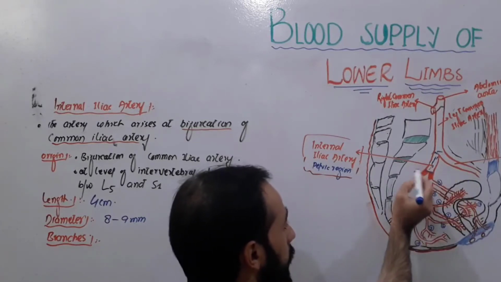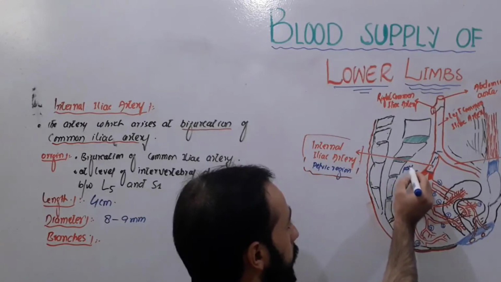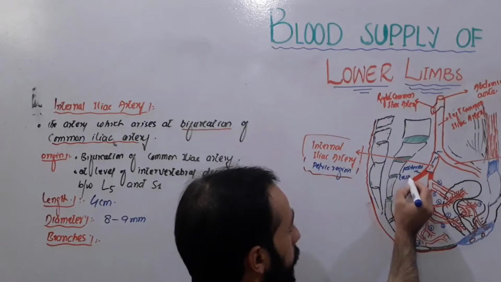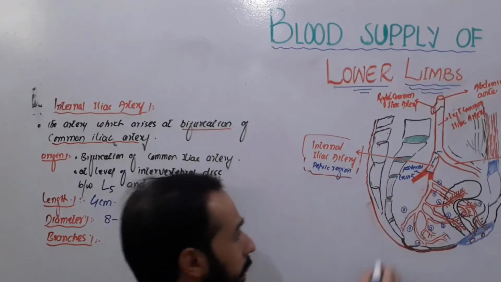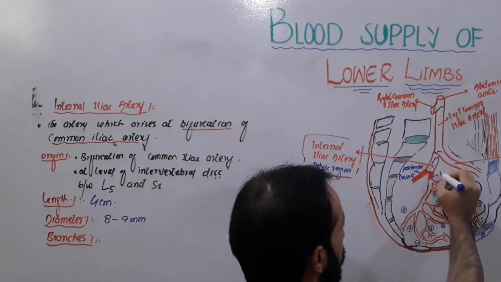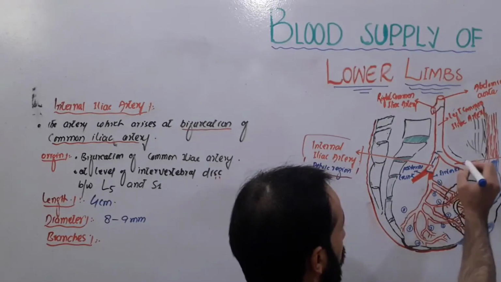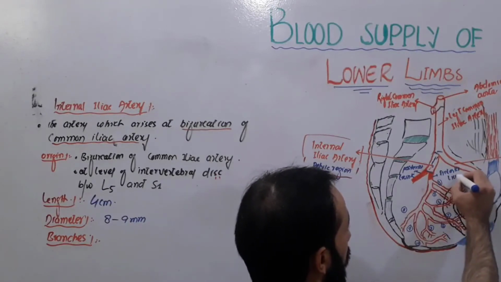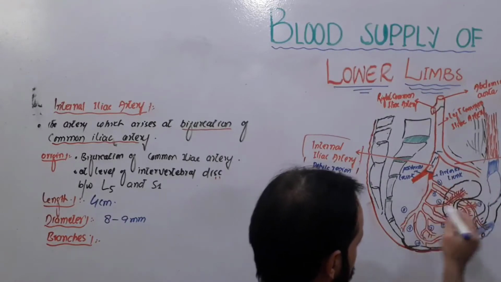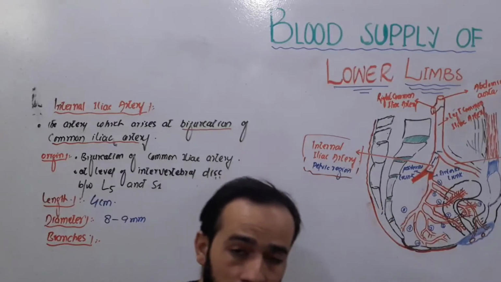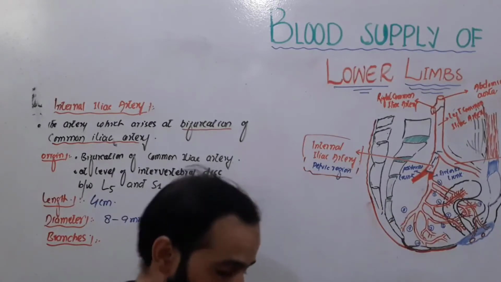This is the posterior trunk, and we will see its branches also. And this is the anterior trunk, and these 10 branches are the branches of the anterior trunk of this internal iliac artery.